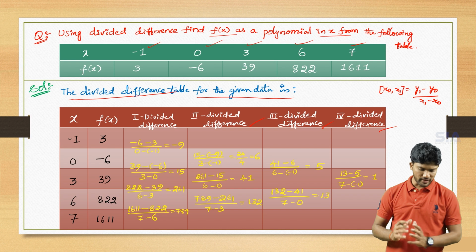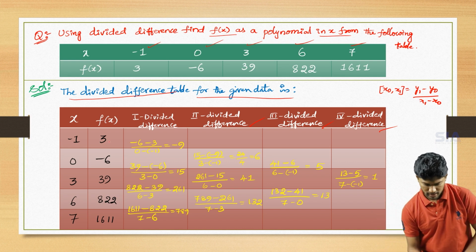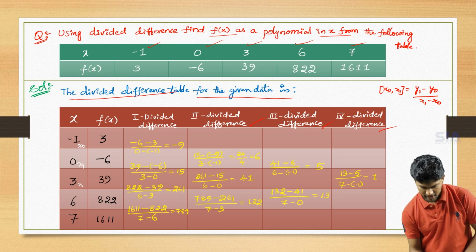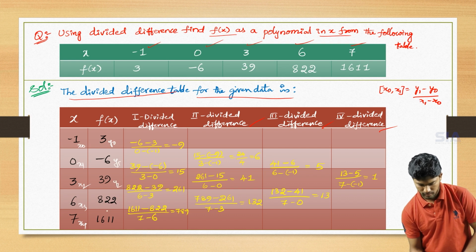Here, what is the y1 value? If you take this value as y naught, this one is x naught, x1, x2, x3, x4, and y naught, y1, y2, y3, and y4.